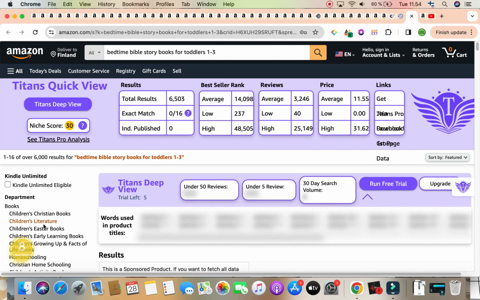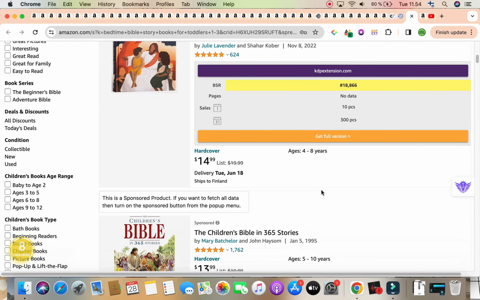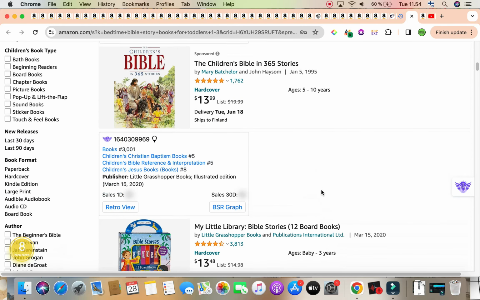For example, I'm using 2 tools to compare against the keyword niche score, one for Titans and one by Amazon Scout Pro, and then basing on the information, which one am I going to rely on based on this data that we have as well.